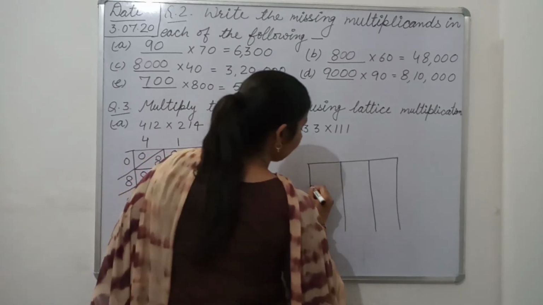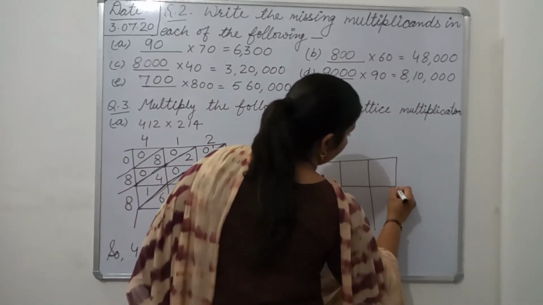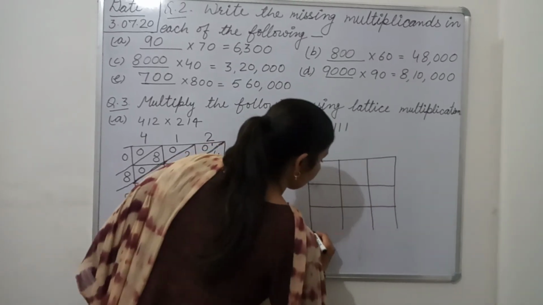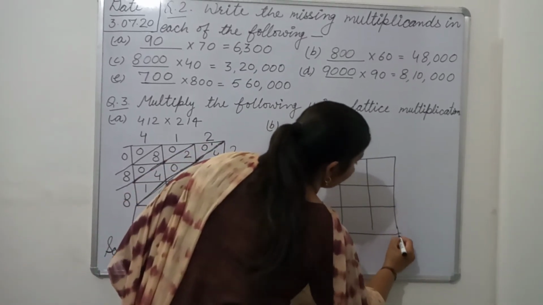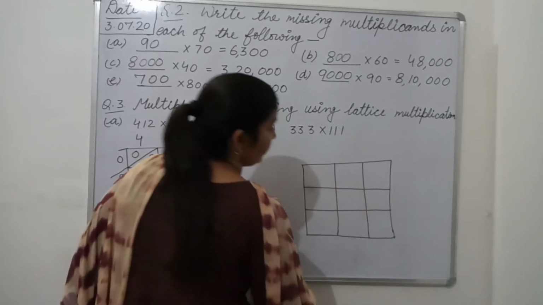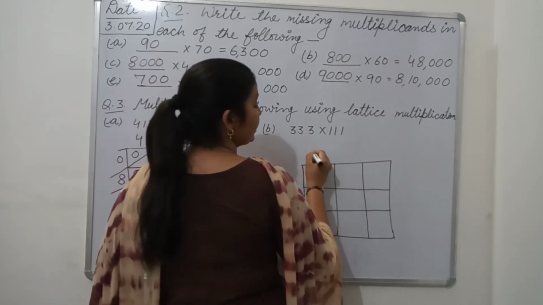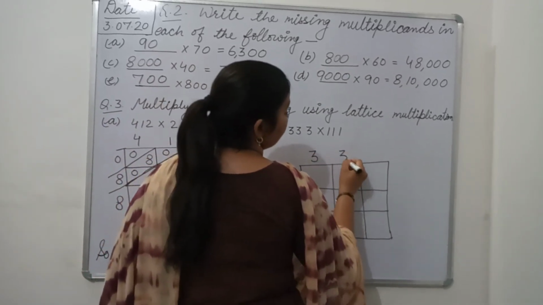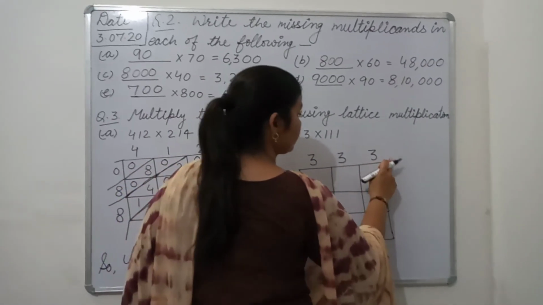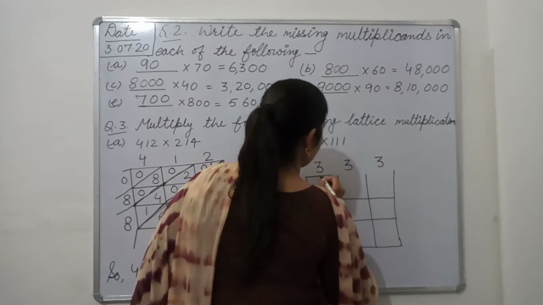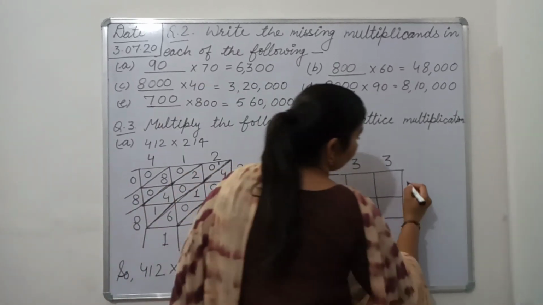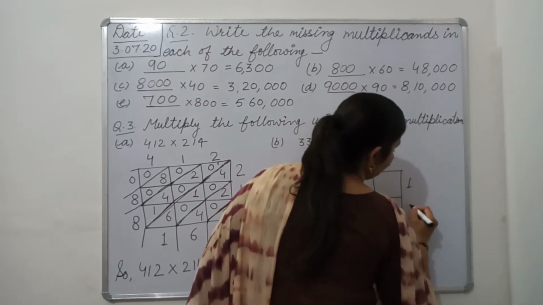Okay, properly you should make a square box with the help of a scale. So like this you will take 3 rows and 3 columns. Now first of all 333. Okay, now 111.